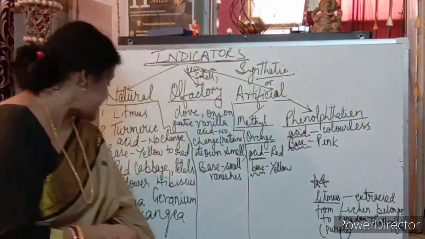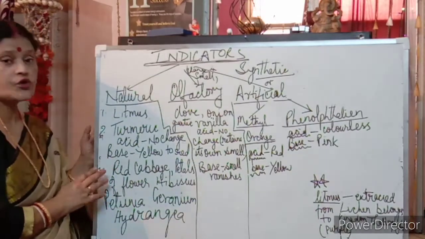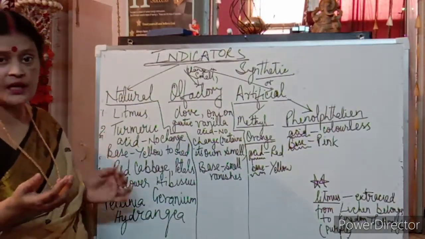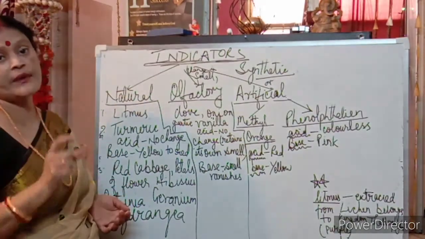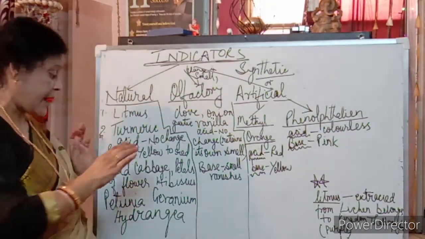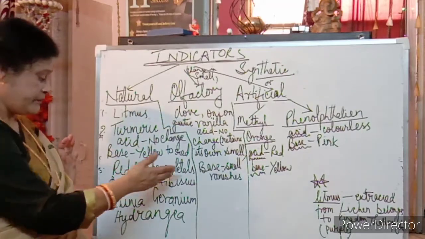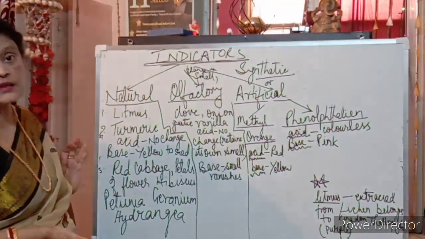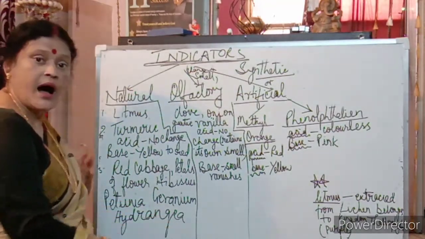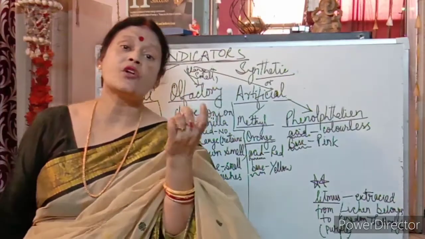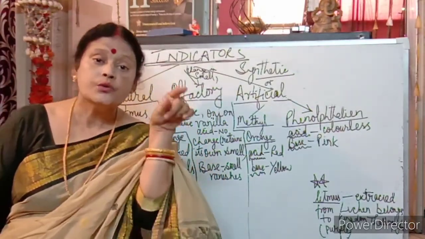Now next is third, petals. You know the meaning of petals, that is flowers. They are having colorful petals. Red cabbage is again a natural indicator. Petals of flowers like hibiscus, petunia, geranium, hydrangea are all giving changes to acid and base.